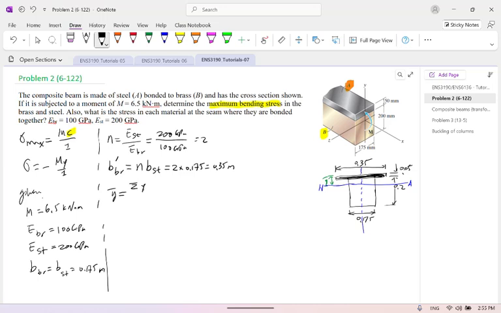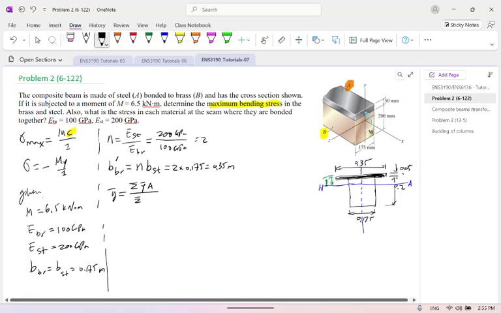Summation of A y bar over summation of A. This is from the definition. Clear? So there are two parts. We also use color to show you. The yellow area, I use this one to show you. So we work at this one for the top one. The top one is 0.05.